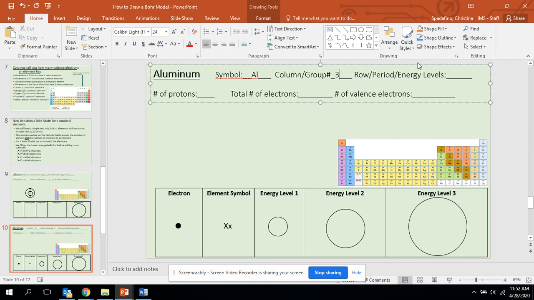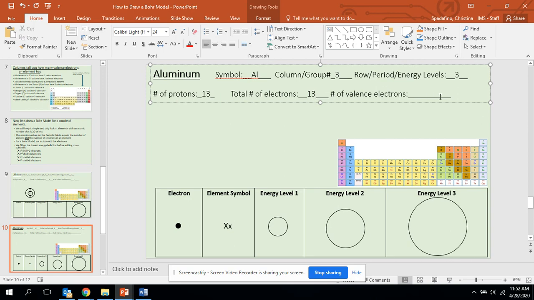What row do you find aluminium in? 1, 2, 3. Number of protons. Aluminium is atomic number 13, or 13 as my dad would say. So that means it has 13 protons and 13 electrons.